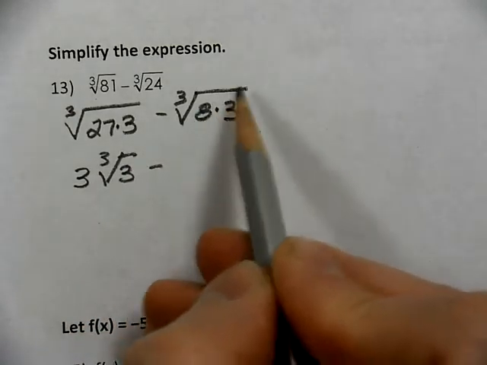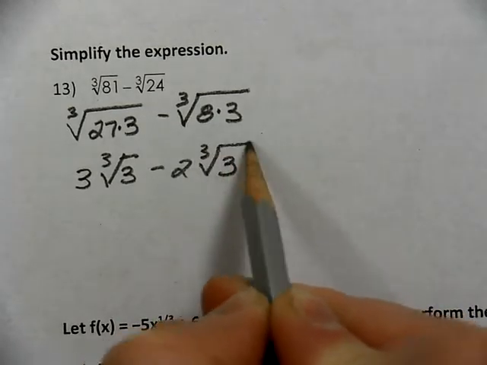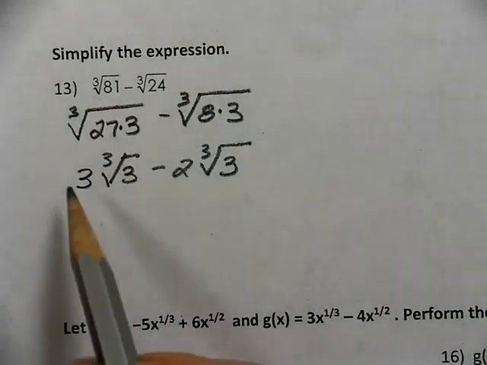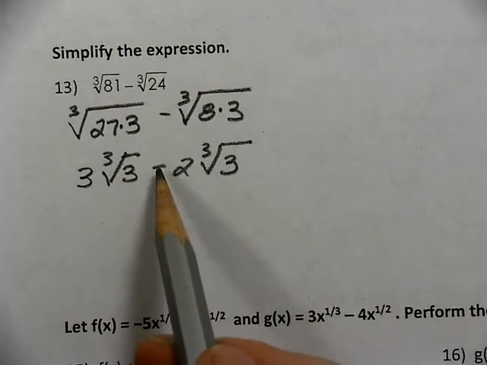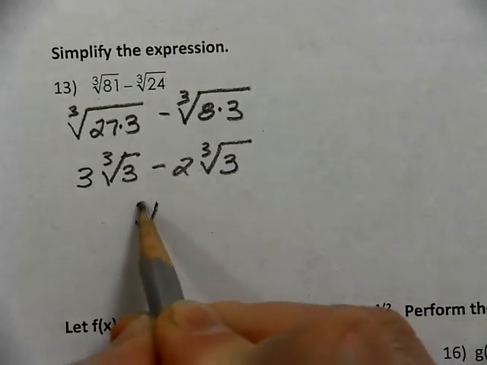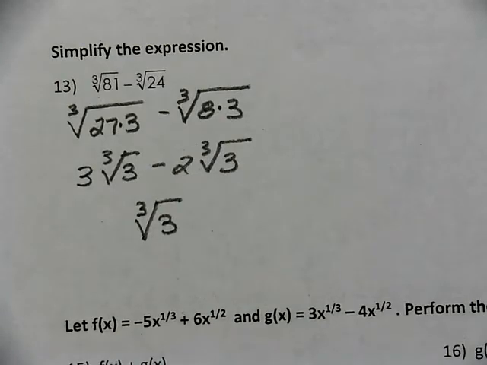The cubed root of 8 is 2, and we still have a 3 inside. So now we have 3 times something minus 2 times something. So that's going to give us 1 times that same something. 3 minus 2 is 1.